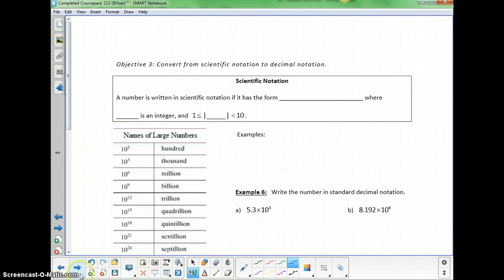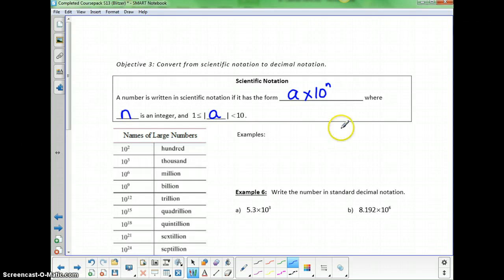Alright, this is our scientific notation page. A number is written in scientific notation if it has the form a times 10 to the n, where n is an integer and a is a value between 1 and 10.